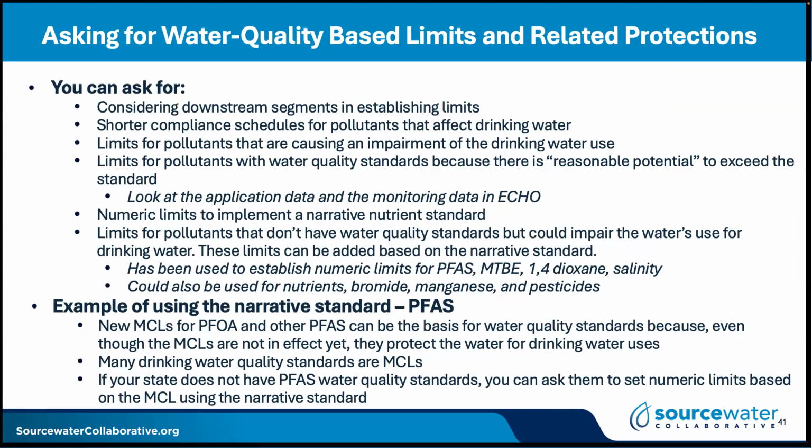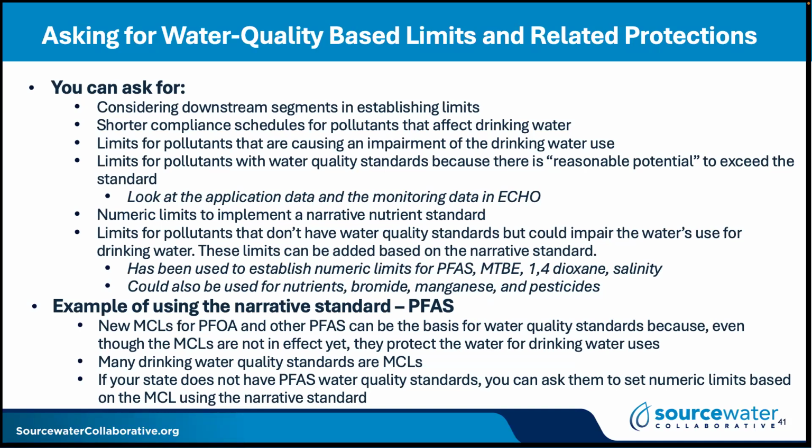Right, so what are you going to be asking for in your permit comment about these water quality based limits? We've got a lot more of this in the guide, but I would just want to highlight one particular request that I think is probably on folks' minds right now. Now that we have MCLs for PFAS, even if they're not necessarily effective, we know EPA has said this is the level of PFAS in drinking water that we would consider safe.